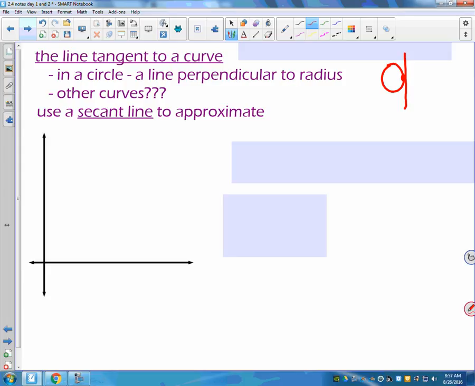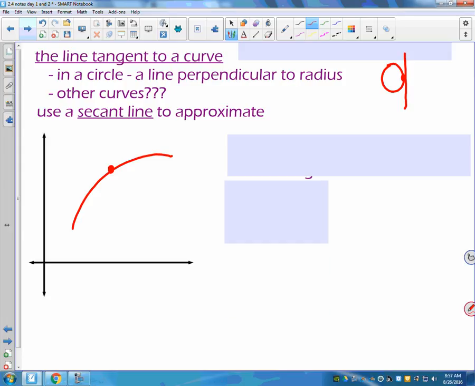So let's draw a curve. I'm just going to draw like this, and I'm going to pick some point here.